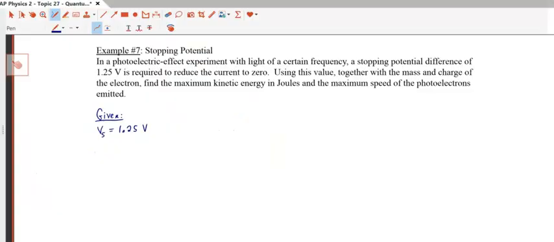So going back to our problem, we're essentially assuming that the maximum kinetic energy is equal to the potential energy. You can think of the change in kinetic energy equals the change in electric potential energy, which is equal to Q times delta V. Q for an electron has a value of e, and the voltage we simply call the stopping potential.